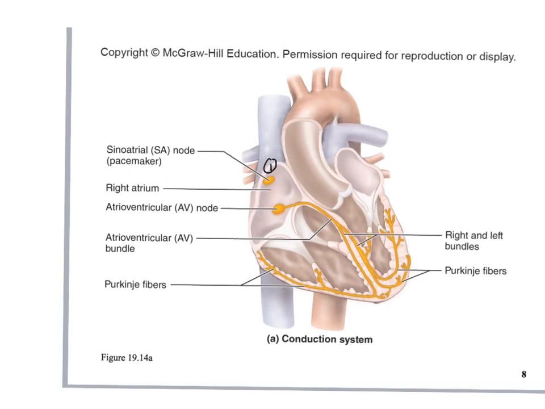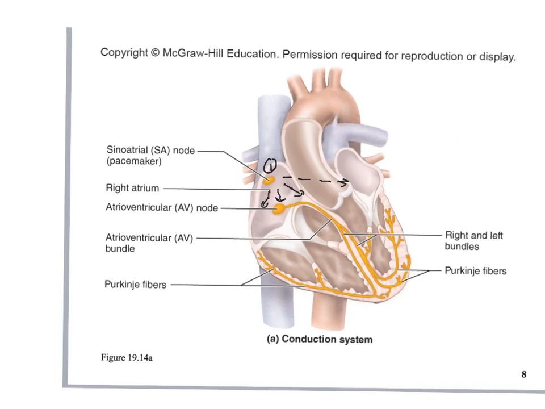And I'm going to draw this out, and we're going to go through it again in a little bit. From there, that electrical impulse starts to pervade, and it spreads through the cardiac muscle cells over to the left atrium and down to the right atrium until it hits the atrioventricular node.